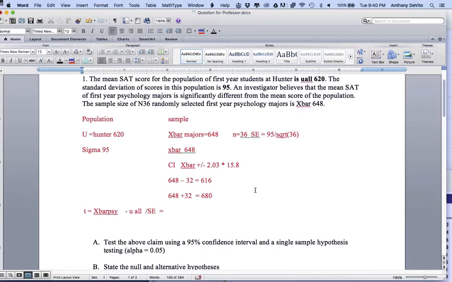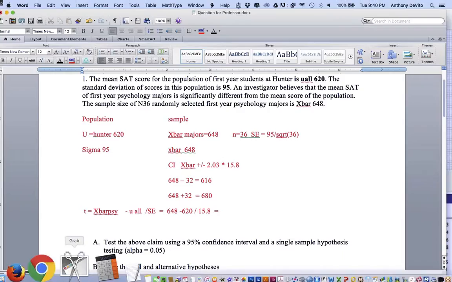Well, it's going to be equal to 648 minus 620 over my standard error, which is equal to 15.8. So how many standard errors apart are these two?